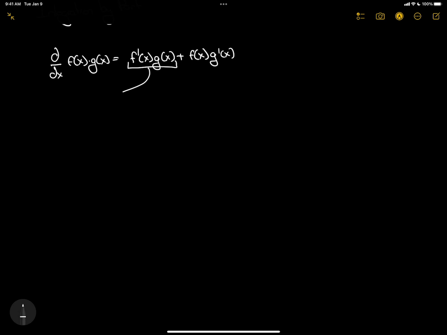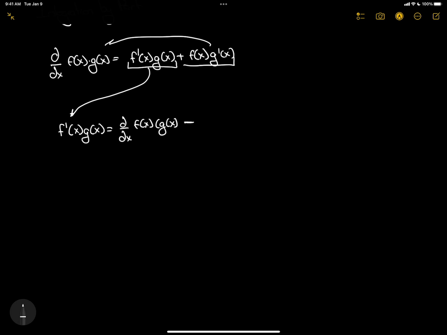I'm going to go ahead and move this here. If I just bring this back down, I can see that this now becomes f prime of x g of x is equal to d/dx of f of x g of x, minus, I'm going to move this over to the outside, minus f of x g prime of x.